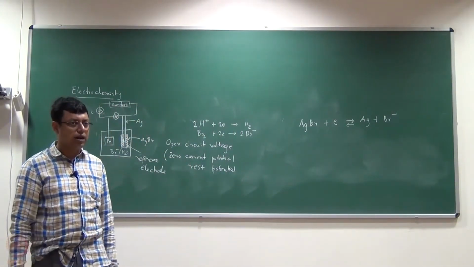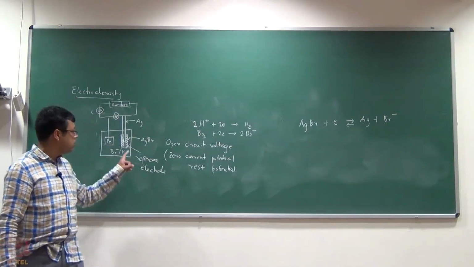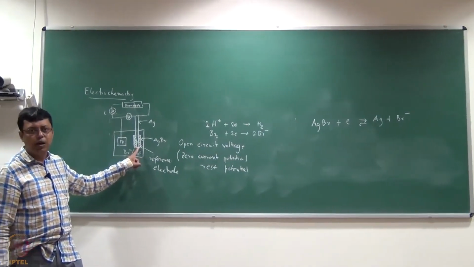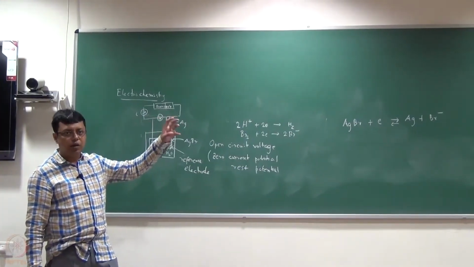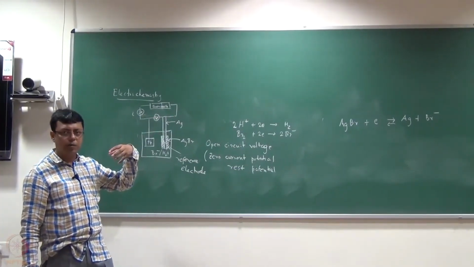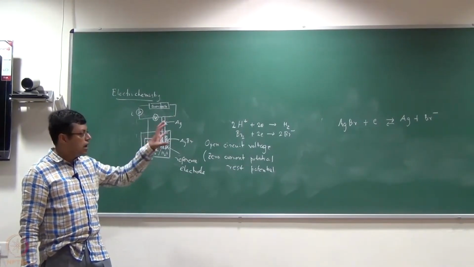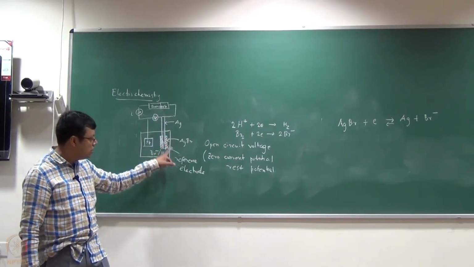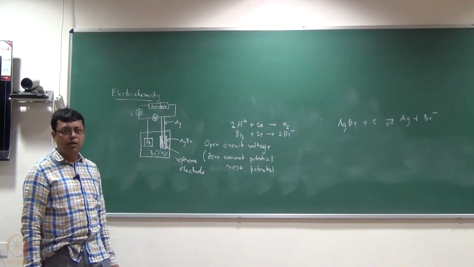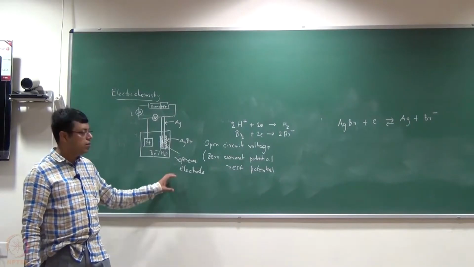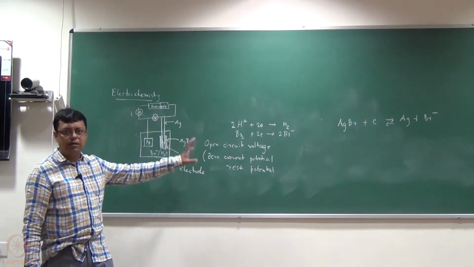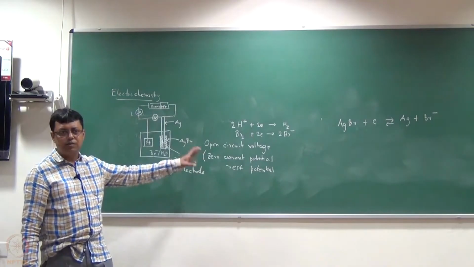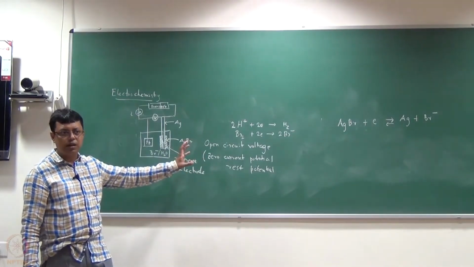You know that, right? But the interesting thing is that when this reaction is happening, think about it. What is happening? Silver bromide is going to silver, or the other way, silver is going to silver bromide. And then if I just write the Nernst equation for this half cell, I'll have an E0 of the half cell, plus some RT ln of the concentration of the reduced species by the oxidized species.